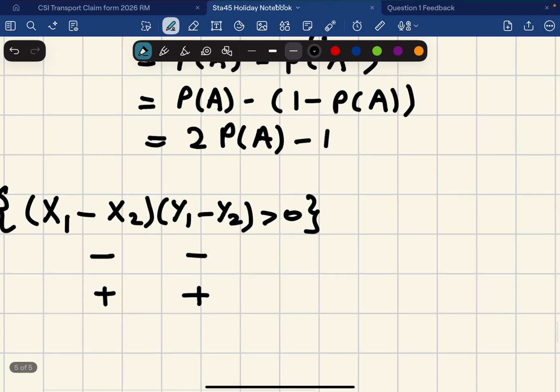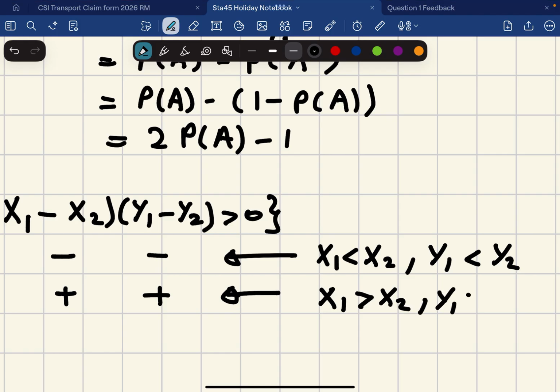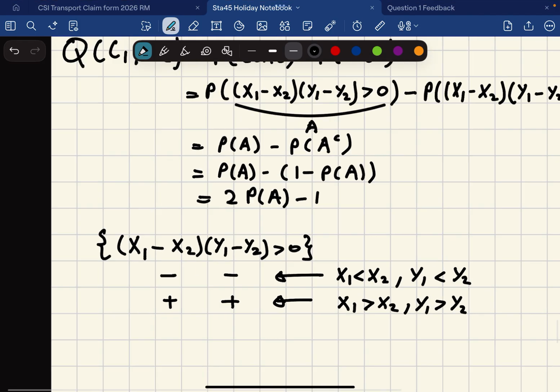And in the case of both being negative, that means I have x1 less than x2, right? And then I have y1 less than y2. And in the case of them being positive, I have x1 being greater than x2 and y1 being greater than y2, right?